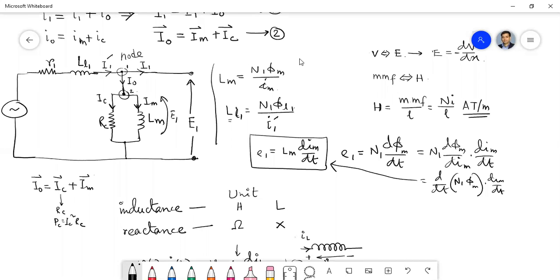But this total I naught will also flow through the series branches, which are R1 and leakage inductance LL1. So when this part IC flows through R1, there will be a copper loss, a simple ohmic loss. But when it flows only through the resistance RC, then we have the purely core loss component.